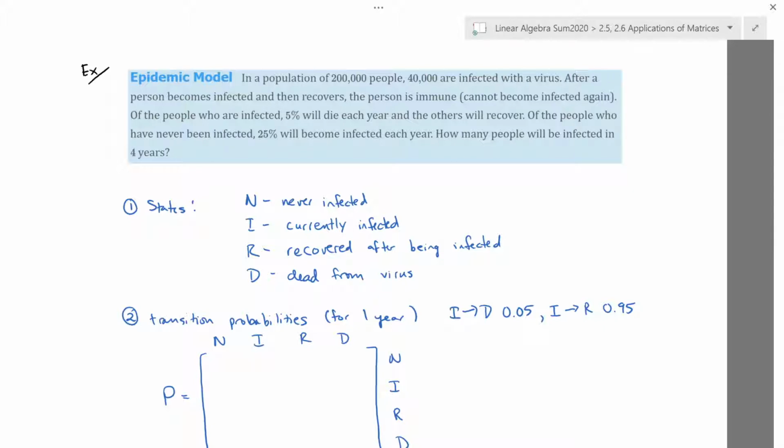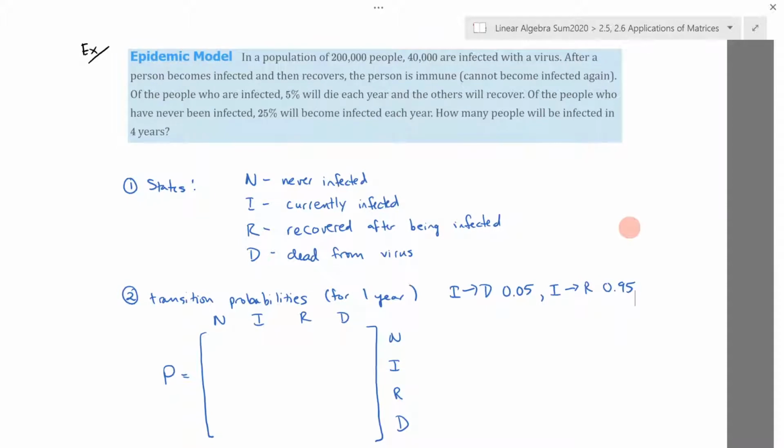Okay, so what else do we have? It says of the people who have never been infected, 25% will become infected each year. So if you're in the N state, then 25% will become infected. So changing from N to I will be 25% or 0.25.